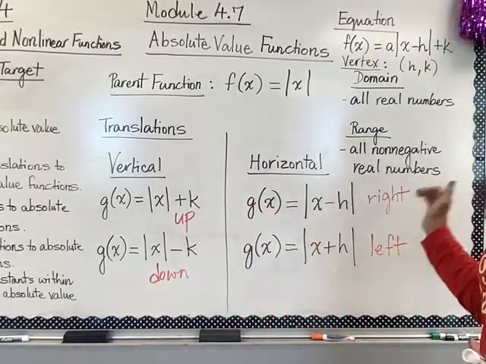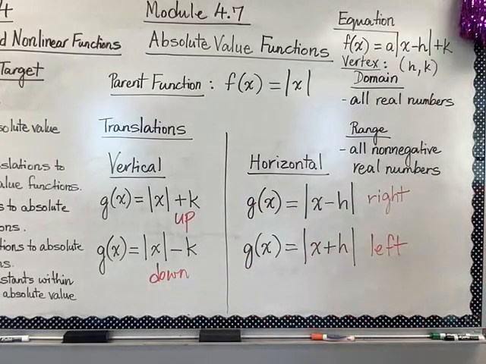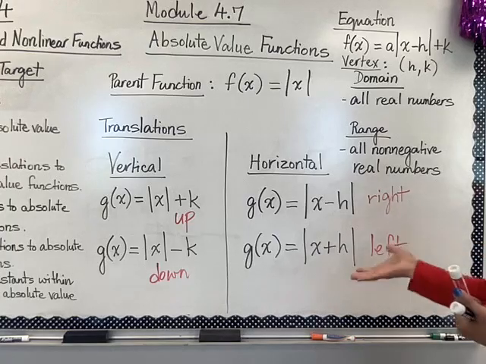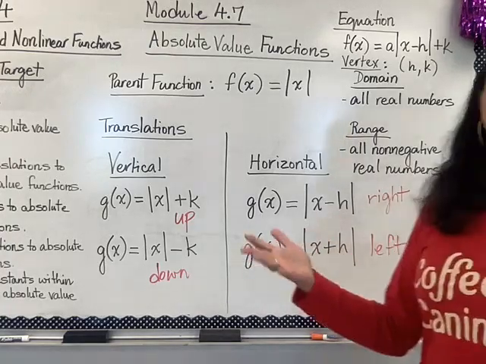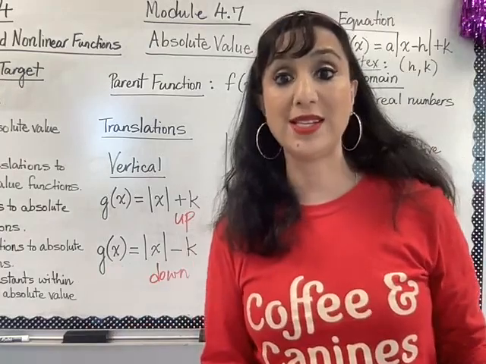If it's now grouped and we have the horizontal, if h is greater than 0, the graph of f of x is translated h units right. And if it is less than 0, it's going to be translated so many units left. And so this is basically a review of what we have done with translations.